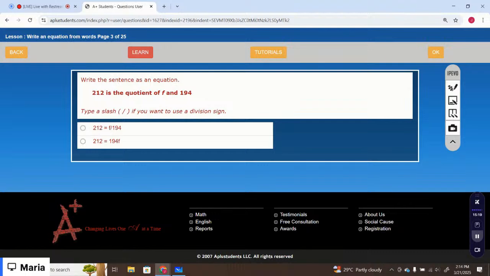Write the sentence as an equation. 212 is the quotient of f and 194. Quotient means f and 194 are being divided and their answer is 212. So option number 1 is the correct option, that is 212 equals f divided by 194.